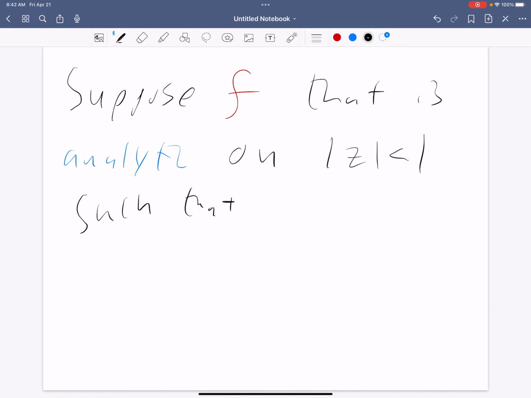Specifically, we know that f of 0 is 0. And we know that the modulus of f of z is less than or equal to 1.